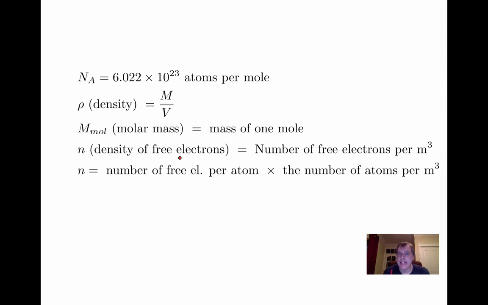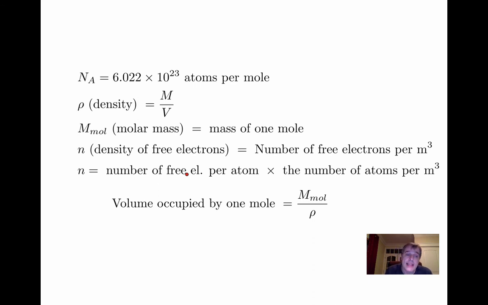That's because the atoms provide free electrons to participate in the current. There's some materials that are not good conductors, and the reason for that is that they don't give free electrons. So then there's no free electrons around, or very few free electrons around to participate in the current. So they're not good conductors.